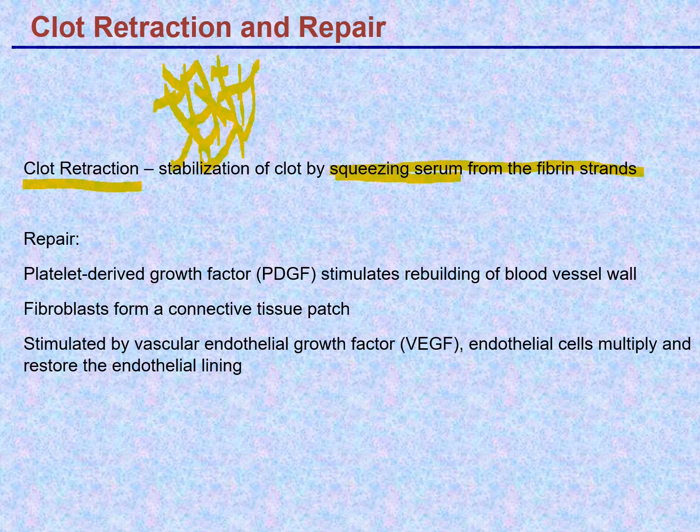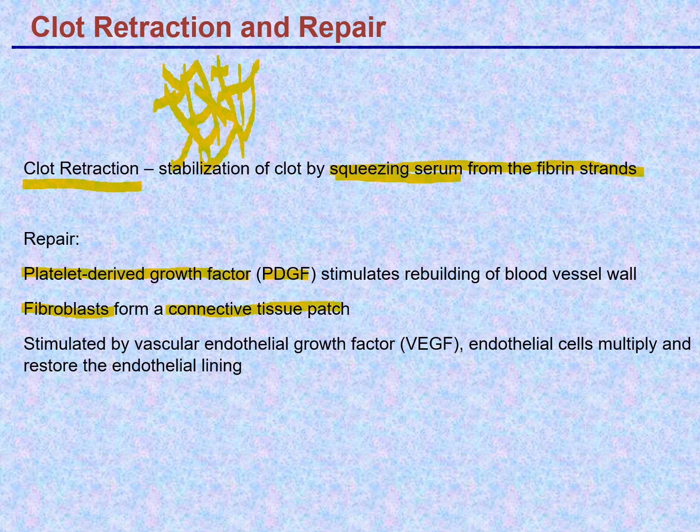And that is followed by repair. Whenever you have damage, you not only want to stop the bleeding, but you also want to repair. And one of the things that platelets provide is a growth factor called platelet-derived growth factor, or PDGF, which helps stimulate the repair of the blood vessel wall. You also get some fibroblasts coming in to secrete collagen that acts as a connective tissue patch in the wall.